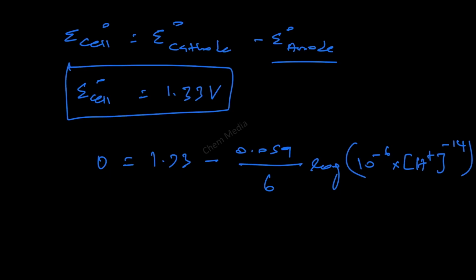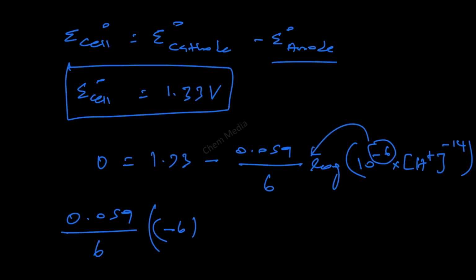Now, this is log A times B. Log A times B is log A plus log B. So, let us rearrange this equation. 0.059 divided by 6 times minus 6. We are just bringing this minus 6 to the front. Log 10 base 10 is 1, so times 1. And then let us bring this minus 14 also to the front.